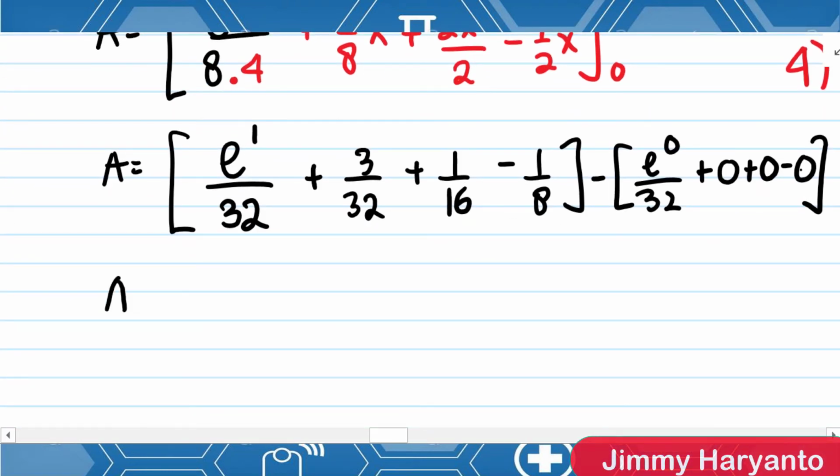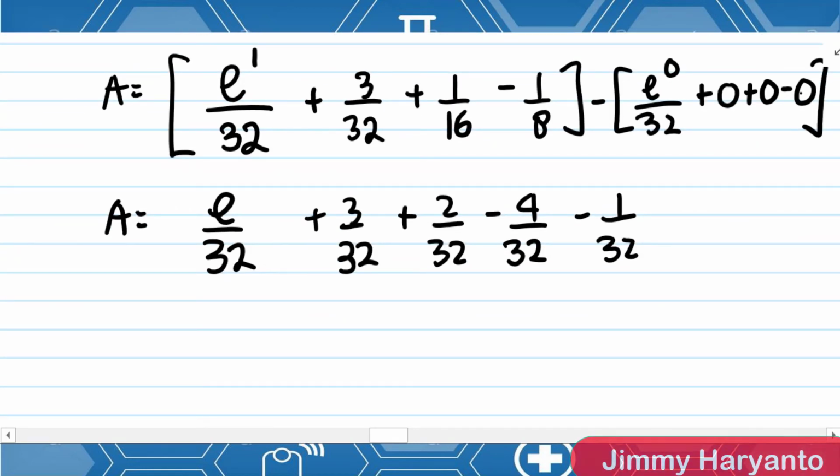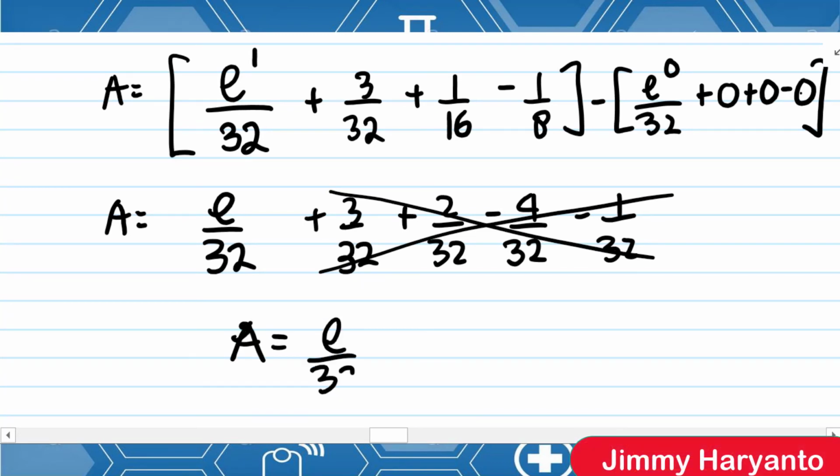Okay, let's simplify this. E over 32, and for this one 3 over 32. If it's like that, make the denominator equal, and this one is 1 over 32. 5 minus 5, oh, this one is gone. So the area will be e over 32. There you go.